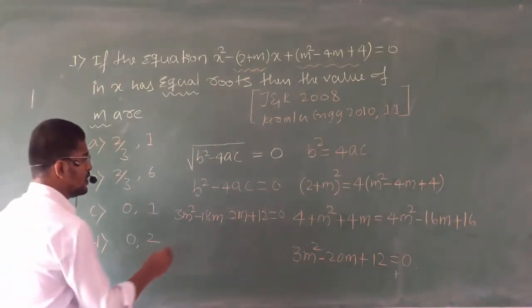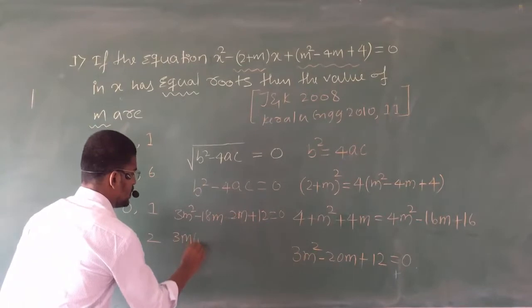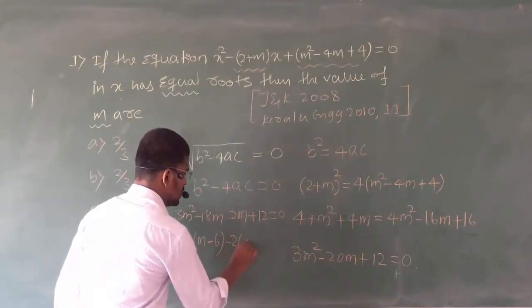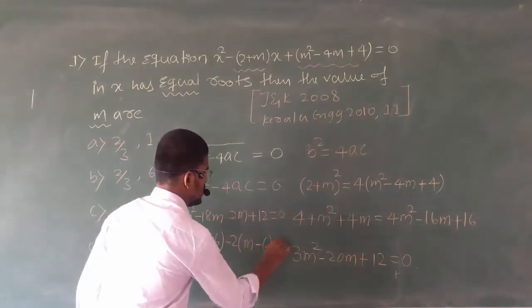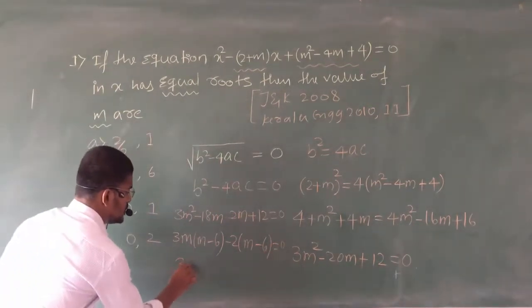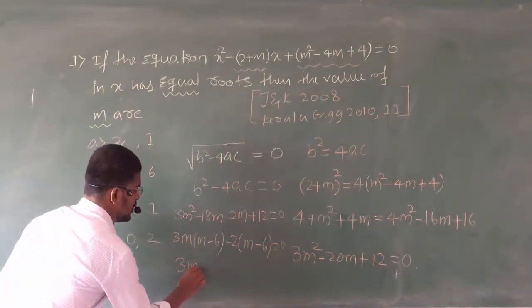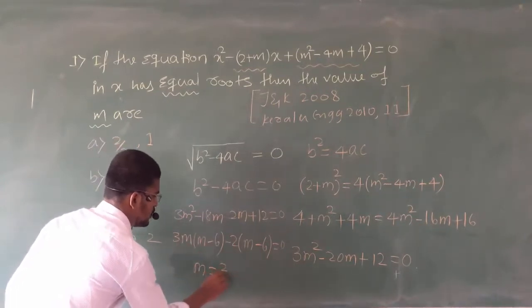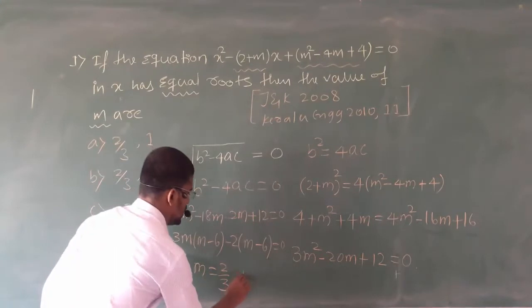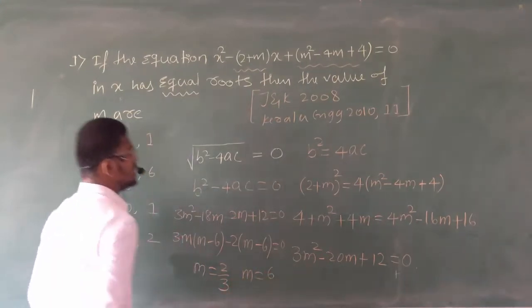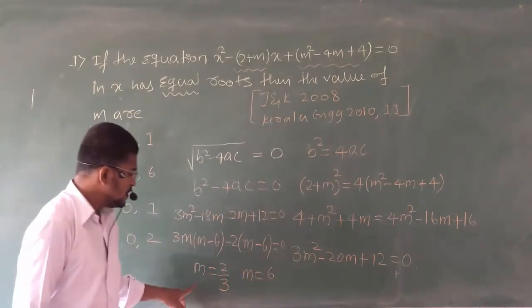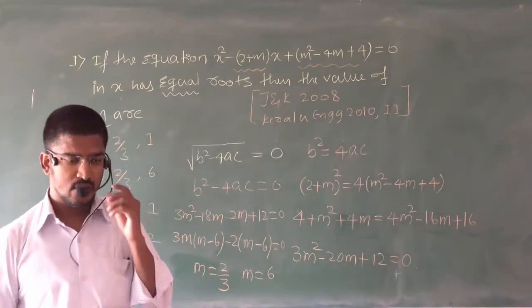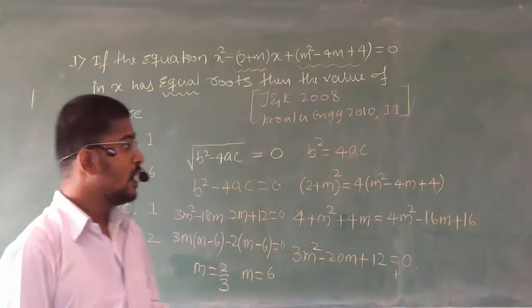So that is 3m (m minus 6) minus 2 (m minus 6) equal to 0. So (3m minus 2)(m minus 6) equal to 0, and m will be equal to 2 by 3 and m will be equal to 6. So m equal to 2 by 3 and m equal to 6 will be your answers.